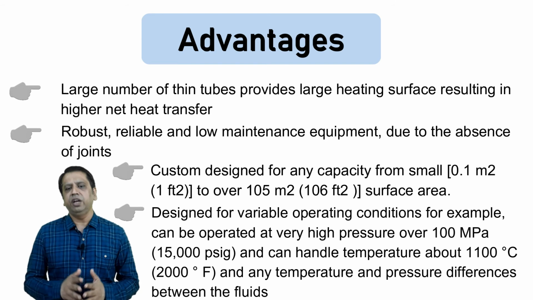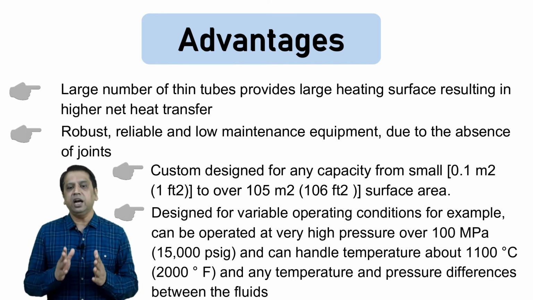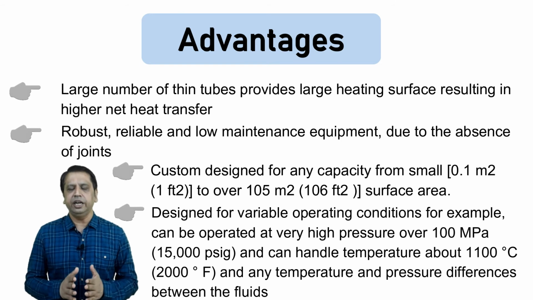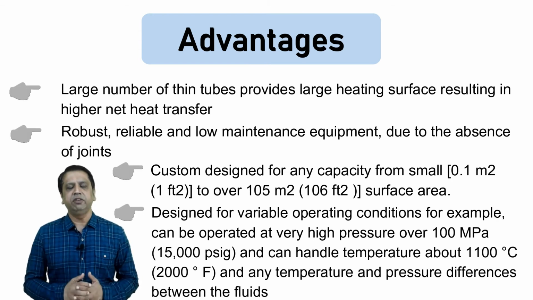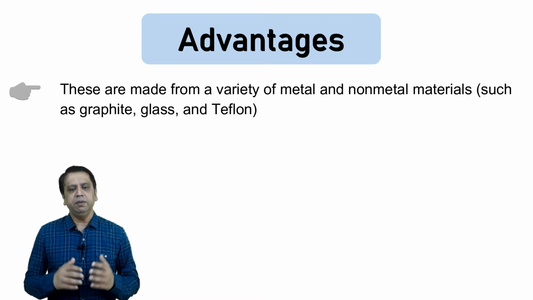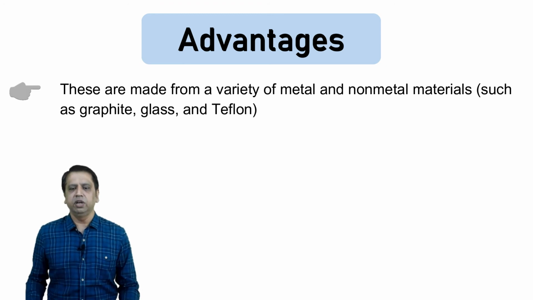This is designed for variable operating conditions. For example, it can be operated at very high pressure over 100 megapascals and can handle temperatures up to 1100 degrees Celsius and any temperature and pressure differences between the fluids. This can be made from a variety of metals and non-metals. For example, graphite, glass and Teflon are a few examples.